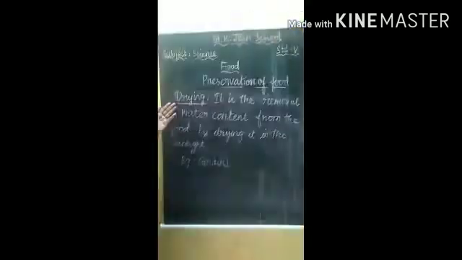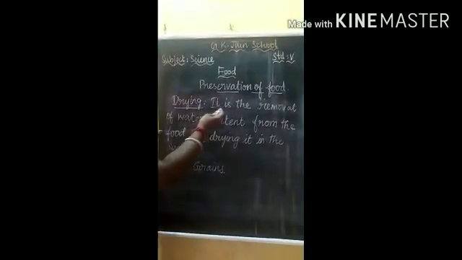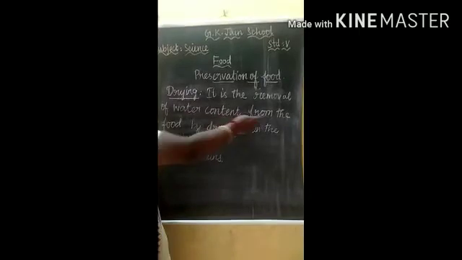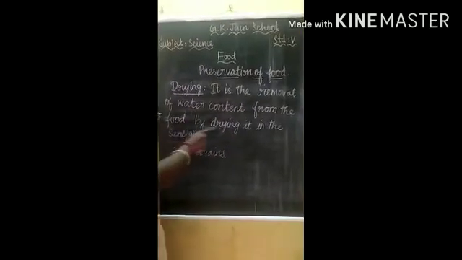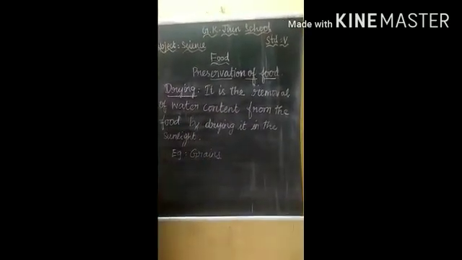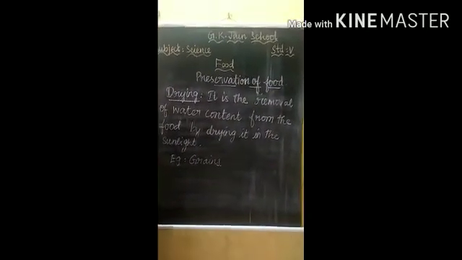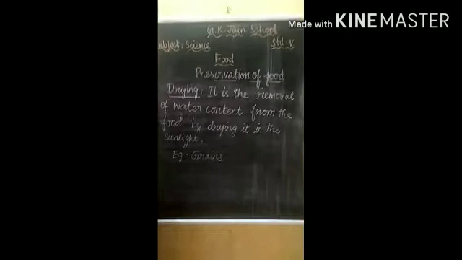The first one is drying. Drying is the removal of water content from the food by drying it in the sunlight. It is an old method which was used in the olden days itself.